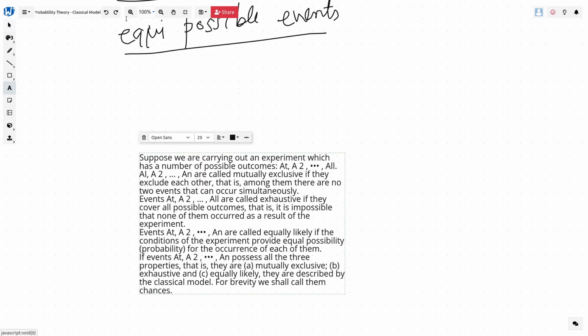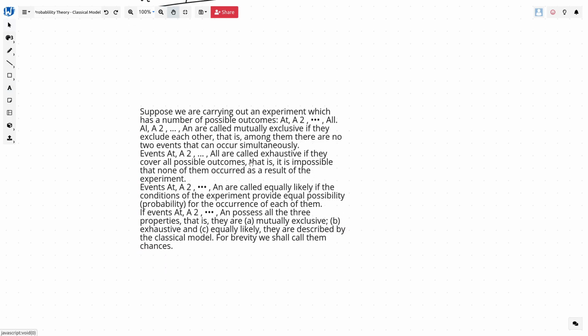Now suppose we are carrying out an experiment which has a number of possible outcomes. Like when you toss a coin, the outcomes could be head and tail. And when you roll a dice, it could be 1, 2, 3, 4, 5, 6 coming on top, right?